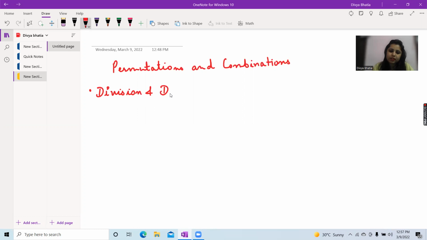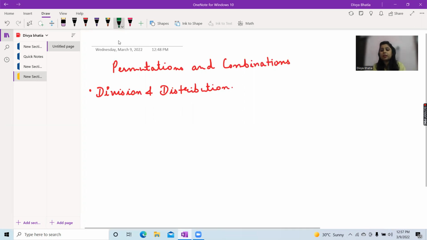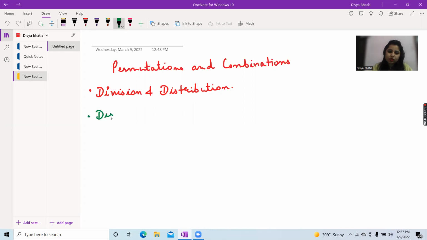And in this particular topic, I'll be discussing how I will distribute n identical things in r distinct boxes. So this is basically distribution of n identical things.